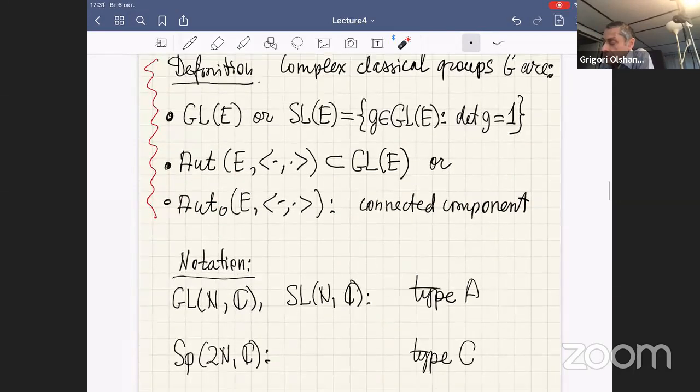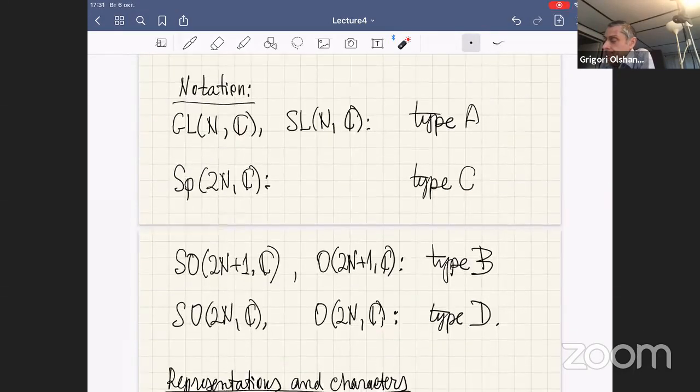So the notation is as follows. In type A, we take either this or this. In type C, I put it first for some reason. People usually say B, C, D, but in some sense, it is better to say C, B, D. We will see why. So this is the symplectic group, which preserves a skew-symmetric form, or sometimes people say symplectic form.